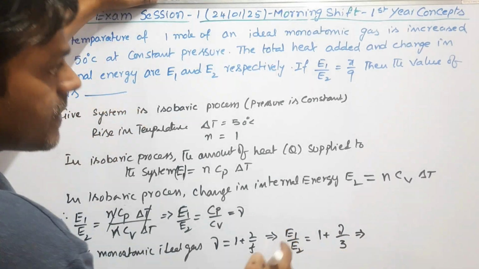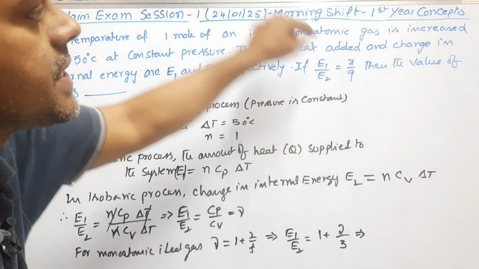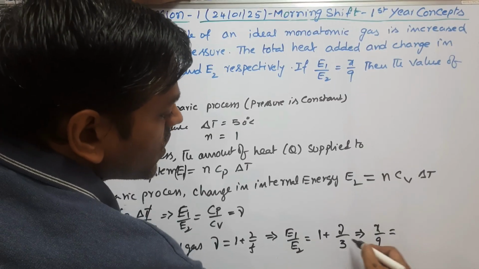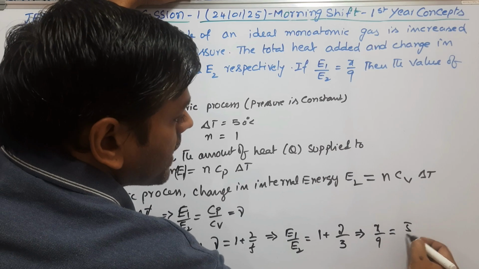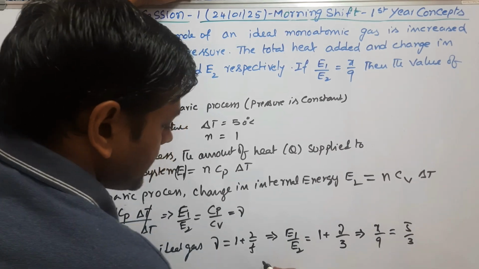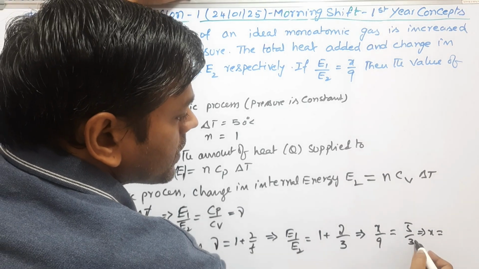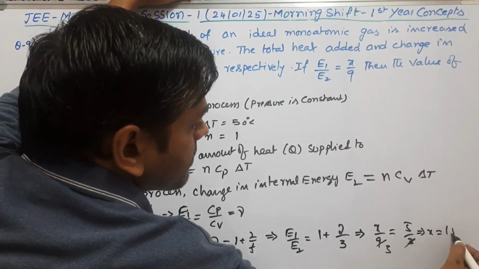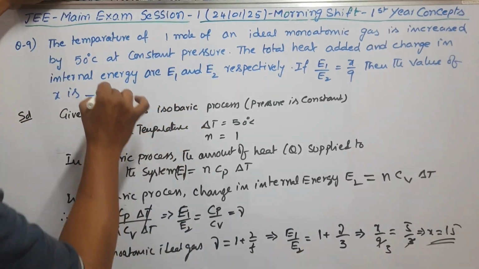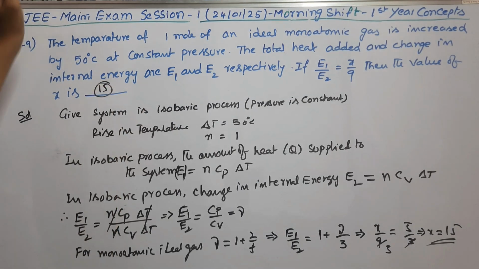But E1 by E2 is given as x by 9. Therefore x by 9 is equal to 5 by 3, which implies x is equal to 15.